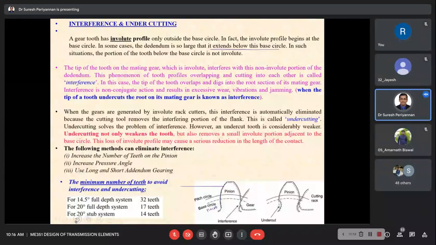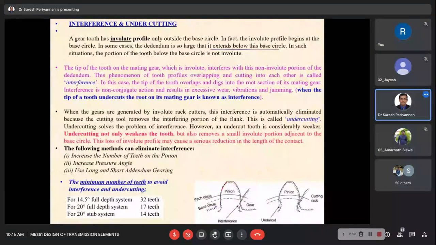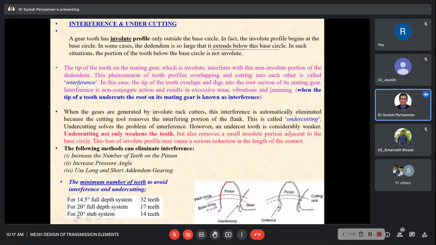This is the base circle. Up to this portion is the involute profile of the tooth.